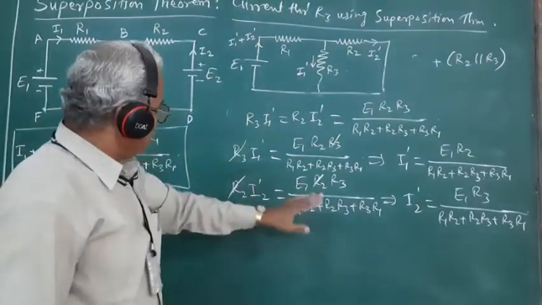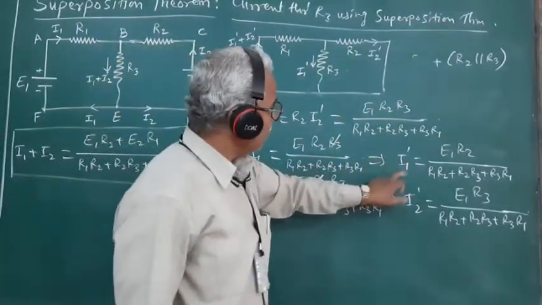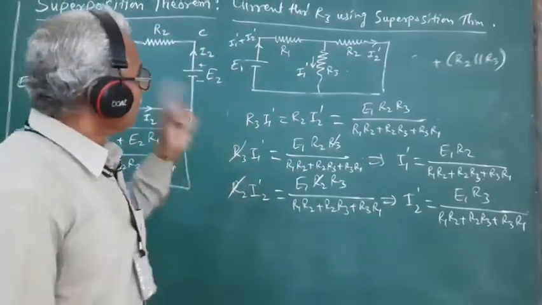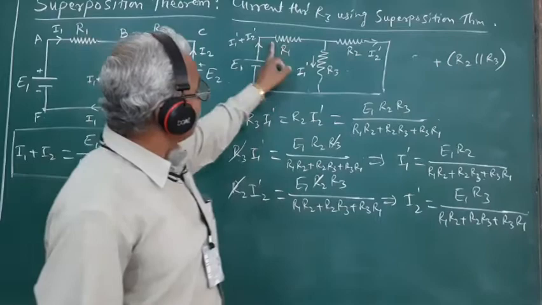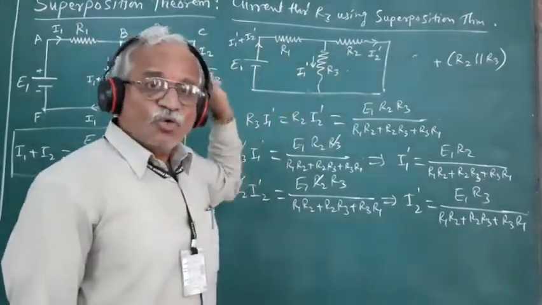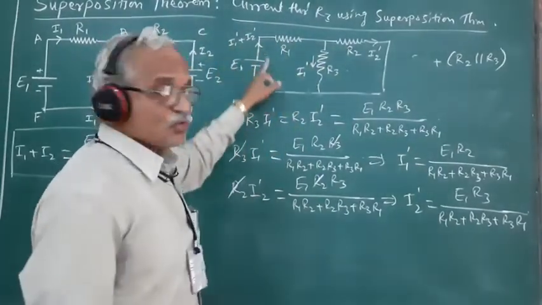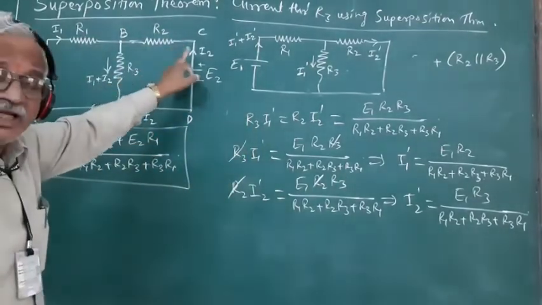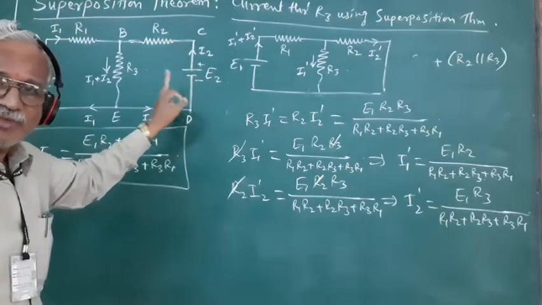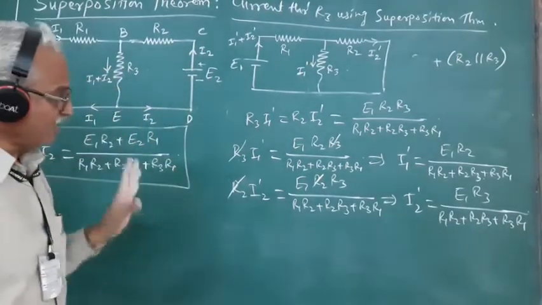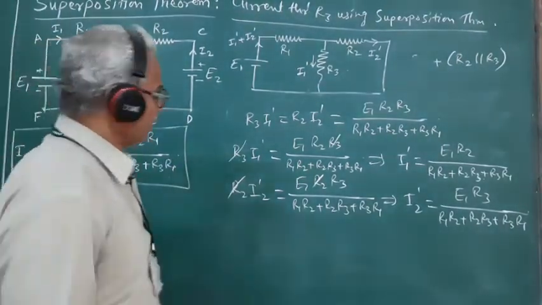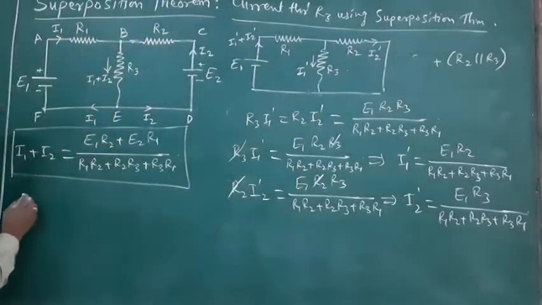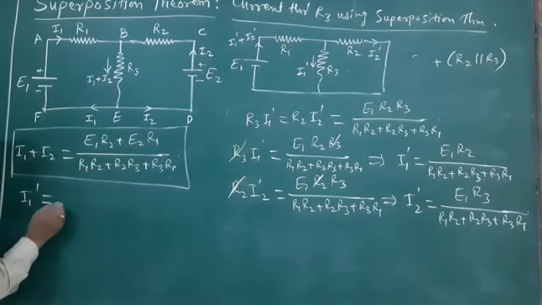So this is the expression for I1 prime and I2 prime. So we have found out the current flowing through R1, R2 and R3 only due to the source E1. And for that purpose, we have temporarily killed the source of EMF E2 for its EMF by retaining its internal resistance in the circuit. So remember these two expressions for I1 prime and I2 prime.